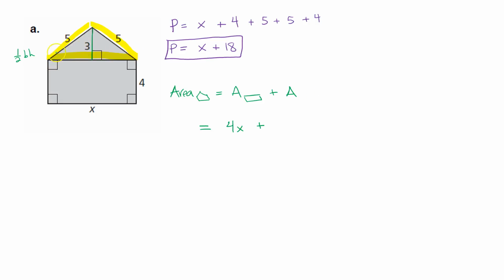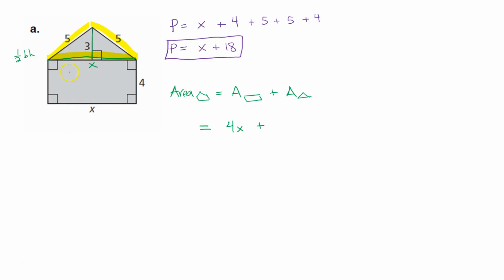So if we just think about it as one triangle on the top, then the area of the house is going to be equal to the area of the rectangle plus the area of this one triangle on the top. And it's a little easier to figure out what the base and the height of this triangle are. The height is going to be 3, and the base all the way across is x, because the rectangle has the same length of opposite sides.